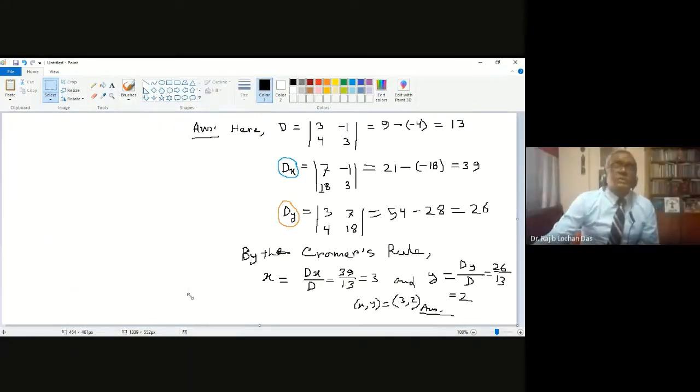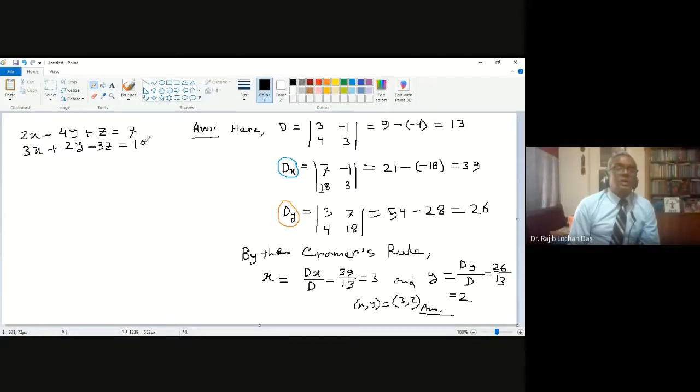So if the question is bigger, if there are 3 things, if you have x, y, z, like say 2x minus 4y plus z equal to 7, and 3x minus 2y minus 3z equal to 19, and then 4x plus y plus 5z equal to 15.